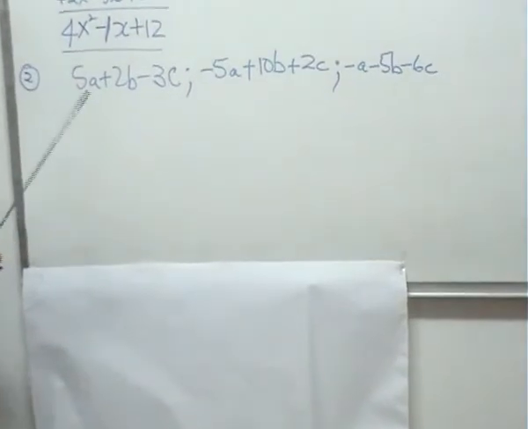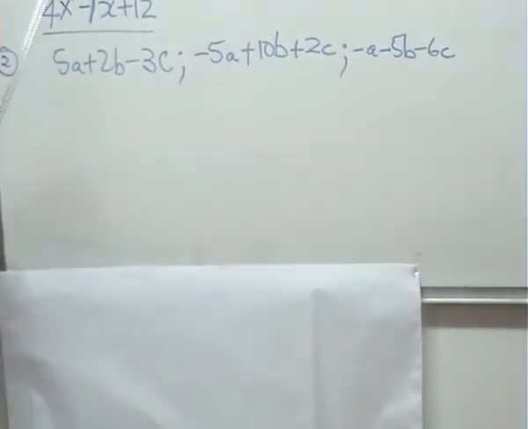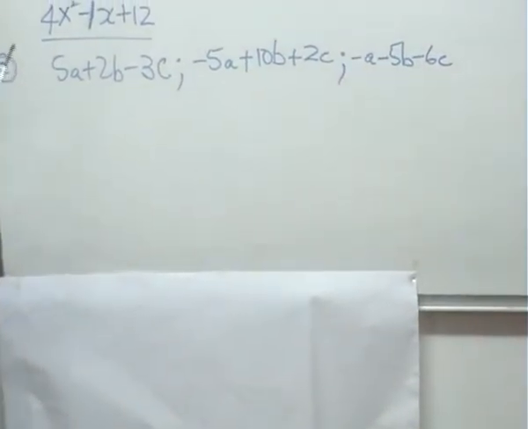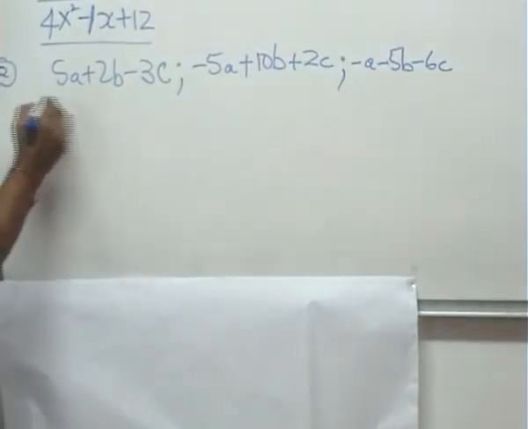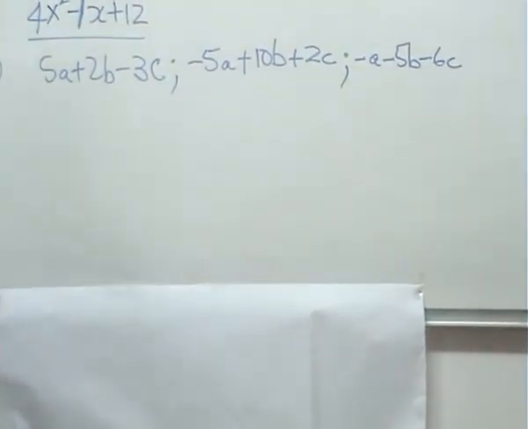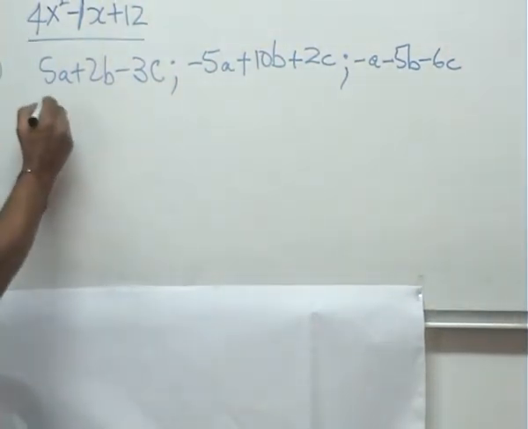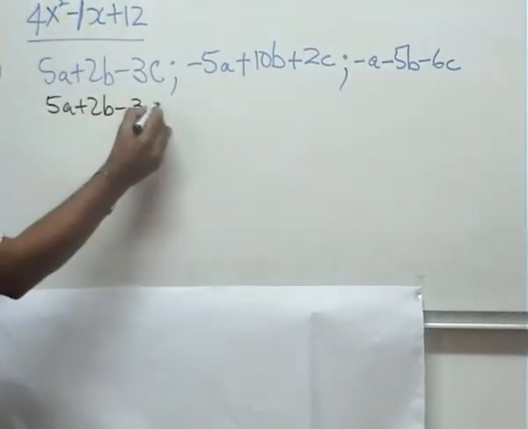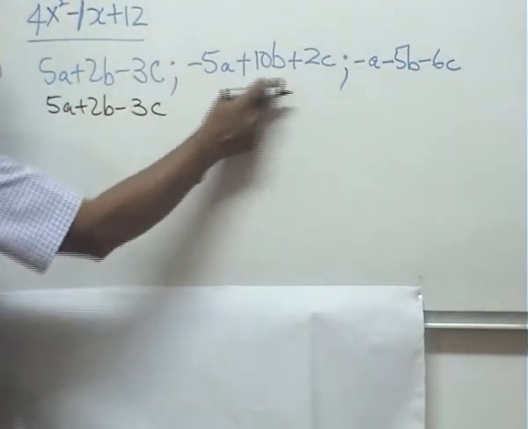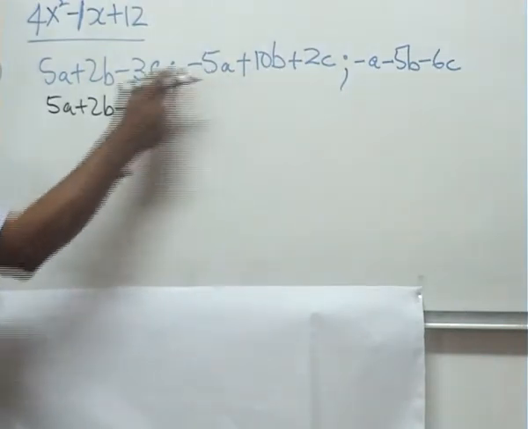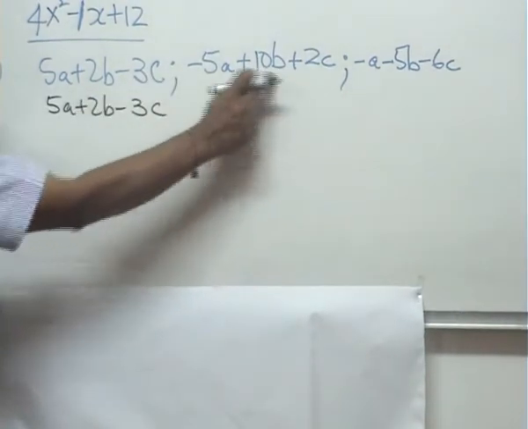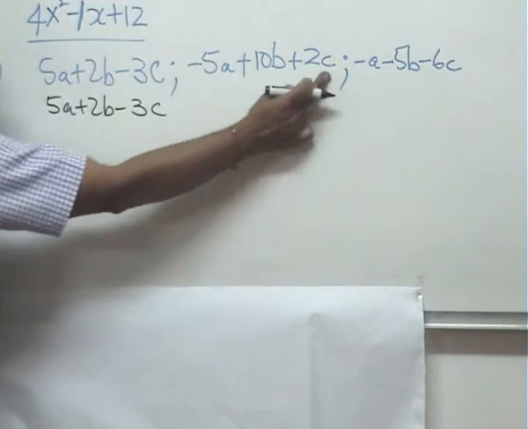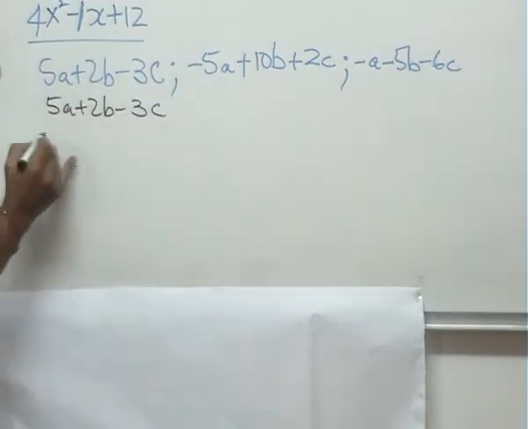So if you want to add, you want all your like terms to be together. So if you set them like this, your like terms will come together. So if I take the first one and I just write it down, just like that. So there's the first one, 5a plus 2b minus 3c. Now when I'm writing the next one, I must make sure the a is below the a, the b is below the b, the c is below the c.